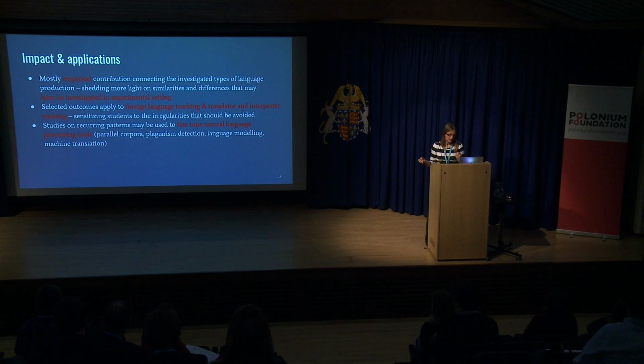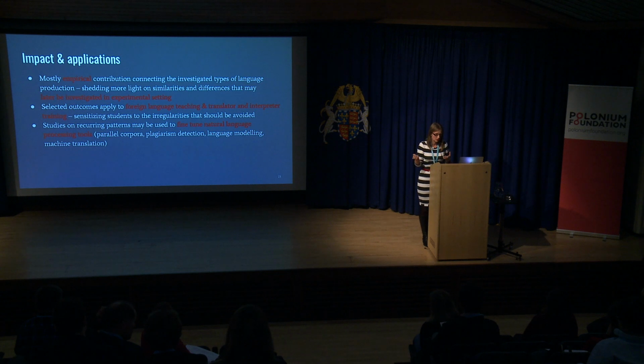And it can also be used to fine-tune natural language processing tools like plagiarism detection or language modeling and machine translation. And on this very practical level, what this means is that when we are using a language as foreigners, and when we translate or when we interpret, it's true that maybe this language is simplified and it is more formal and we use more cohesive devices.